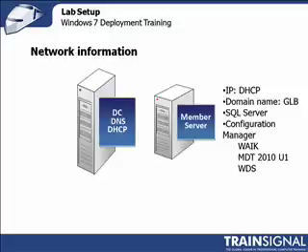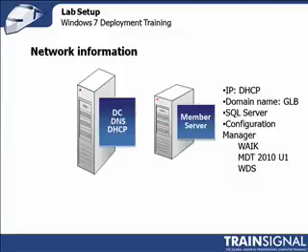When we get into some of the more intricate software, that would be System Center Configuration Manager, portions of it cannot be installed on a domain controller. Therefore, I'll have a member server. That member server will get his IP address from the DHCP server running on the domain controller. The domain name will be GLB for the Config Manager portion.